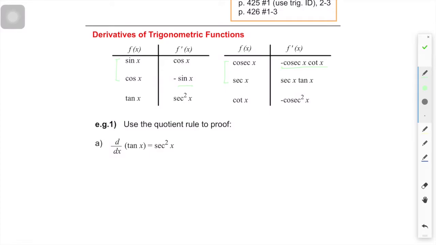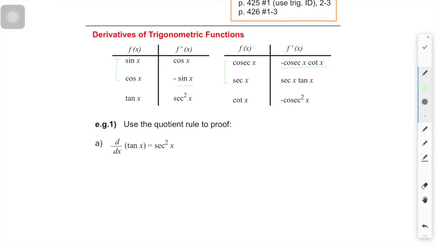Tan x and cotan x is somewhat like a pair themselves because the derivative of tan x is square of secant, while the derivative of cotangent x is negative, so again the sign, of square of cosecant x.